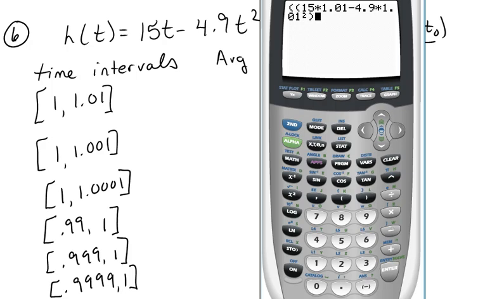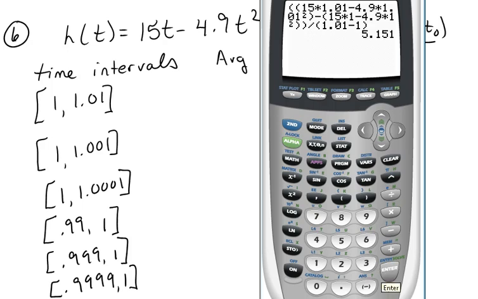And then I have to subtract the function evaluated at 1, so 15 times 1 minus 4.9 times 1 squared, and then close the parenthesis on the numerator, and then divide that by the length of the interval, which is 1.01 minus 1, which you probably know is 0.01, but anyway. And if you hit enter, and if you typed it in correctly, you should get 5.15.